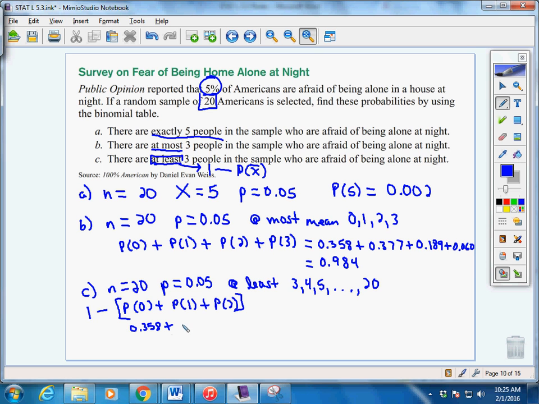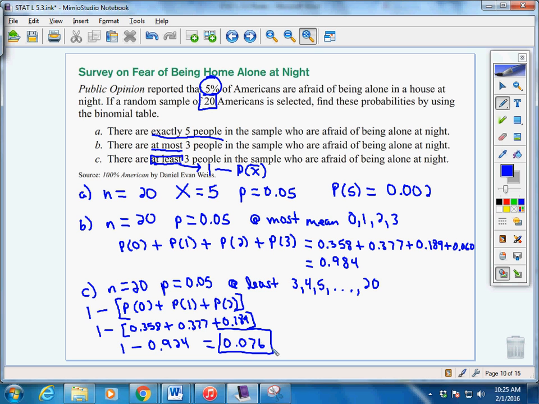The probability of 1 is 0.377, and the probability of 2 is 0.189. When you add all that up, we get 1 minus 0.924, which is going to equal 0.076.